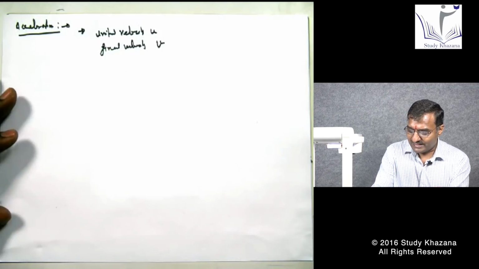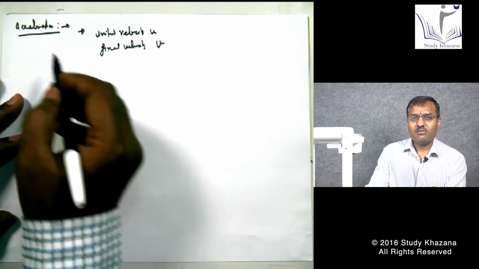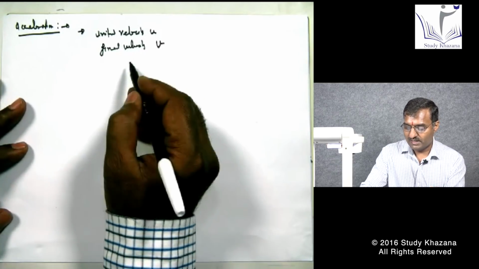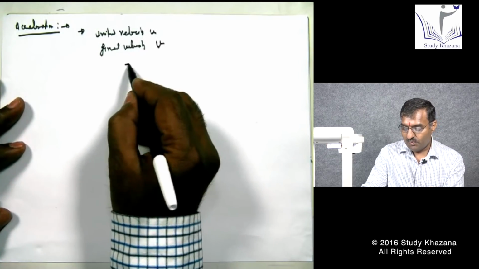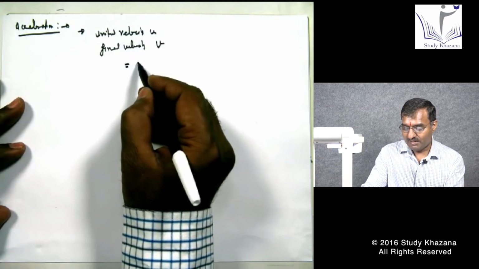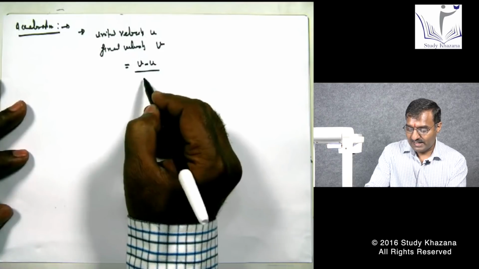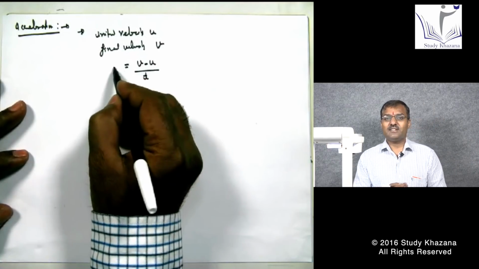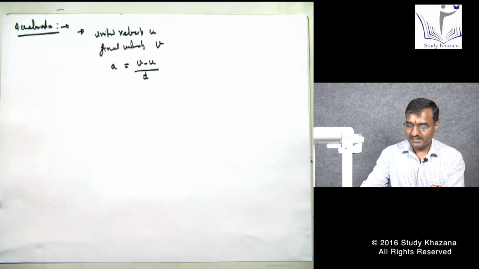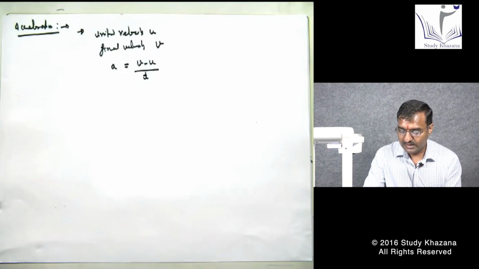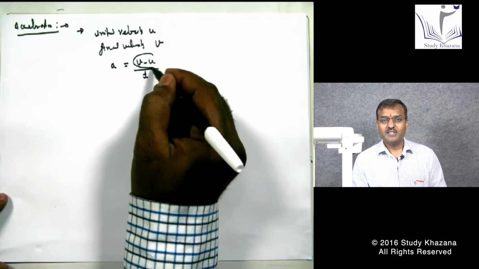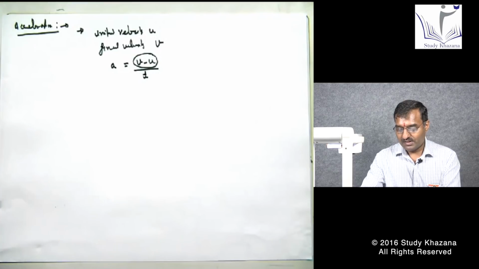Acceleration is the rate of change of velocity: final velocity v minus initial velocity u, divided by t. So it is a. Acceleration can be simply defined as the change in velocity with time. What is its SI unit?